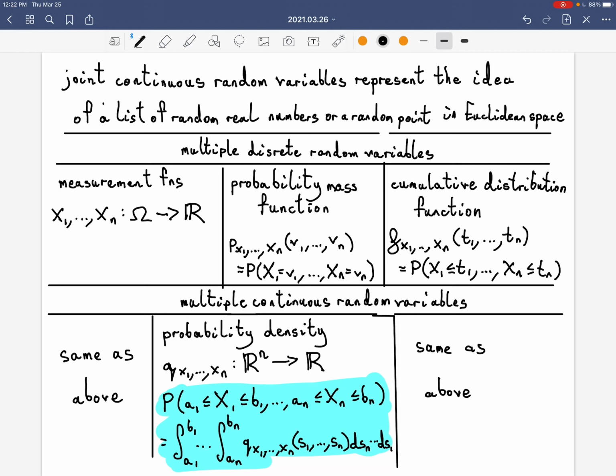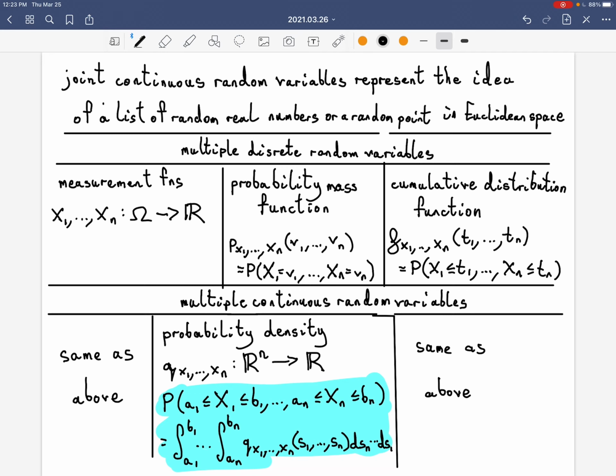And the question I'm asking is, what's the probability that my first random variable falls between the first lower bound and the first upper bound, while the second random variable simultaneously falls between the second lower bound and the second upper bound?